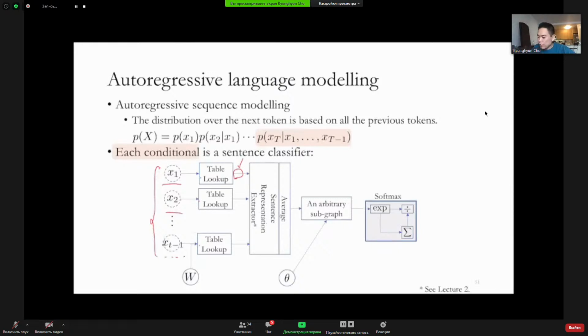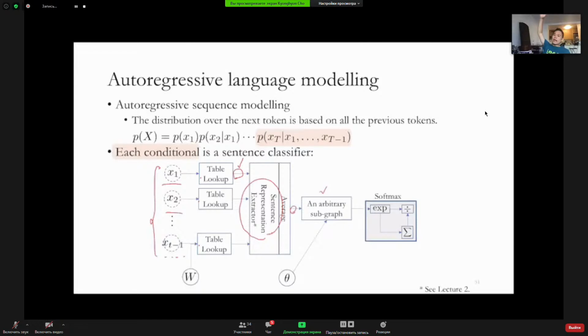And then we learned 5 different ways to extract the sentence representation. And then we can use any one of them. We can use continuous bag of words, we can use a recurrent neural network, we can use self-attention, we can use a convolutional network, we can use a relational network or the skip bigram. And then once we have the vector representation of the entire prefix, then we can have an arbitrary computational graph there.